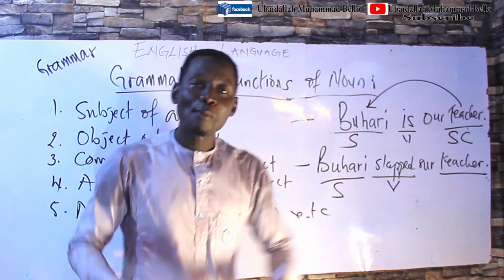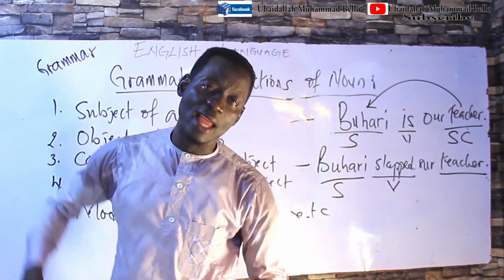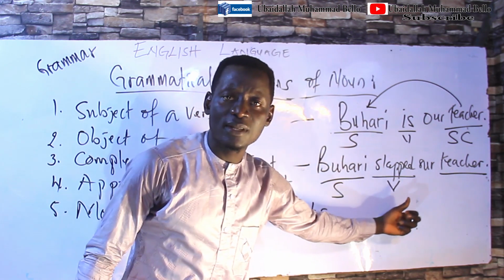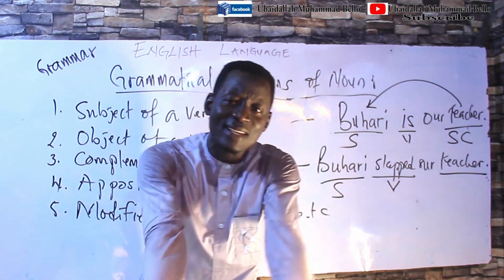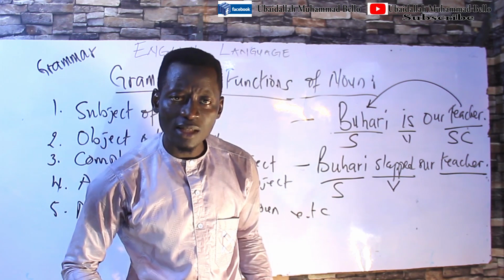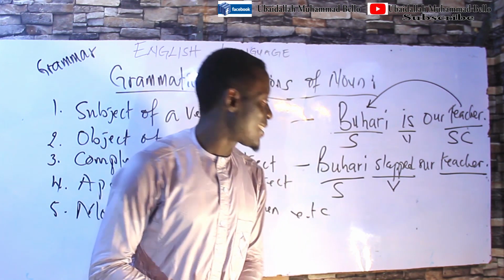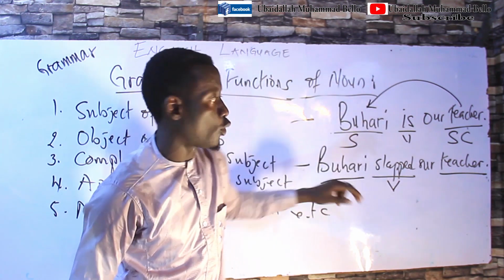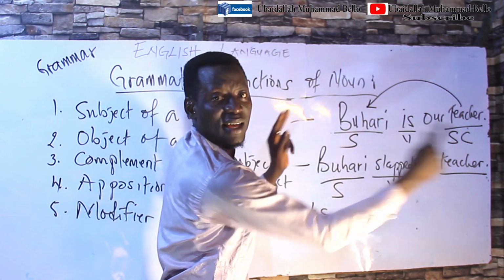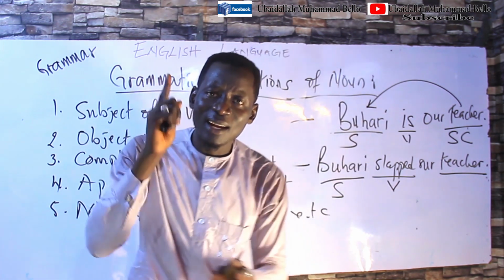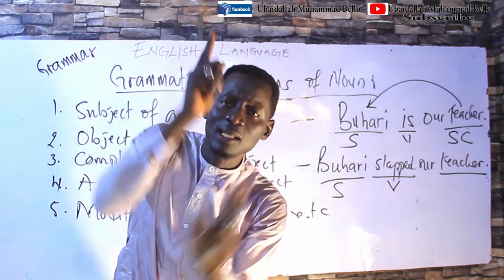But in this one, Buhari performed an action. And what action? Slapped. And do we have somebody receiving the action performed by Buhari? Yes. Who is that? Teacher. In this first example, Buhari is the teacher, the teacher is Buhari. The sentence lies on one person.